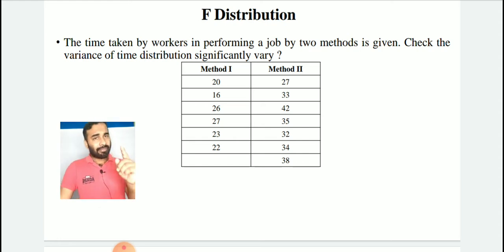Is there any difference in the time distributions in both methods? We are going to check whether there are variations in time to do certain work in two different methods. We have data: 6 people used method 1 and 7 laborers used method 2.